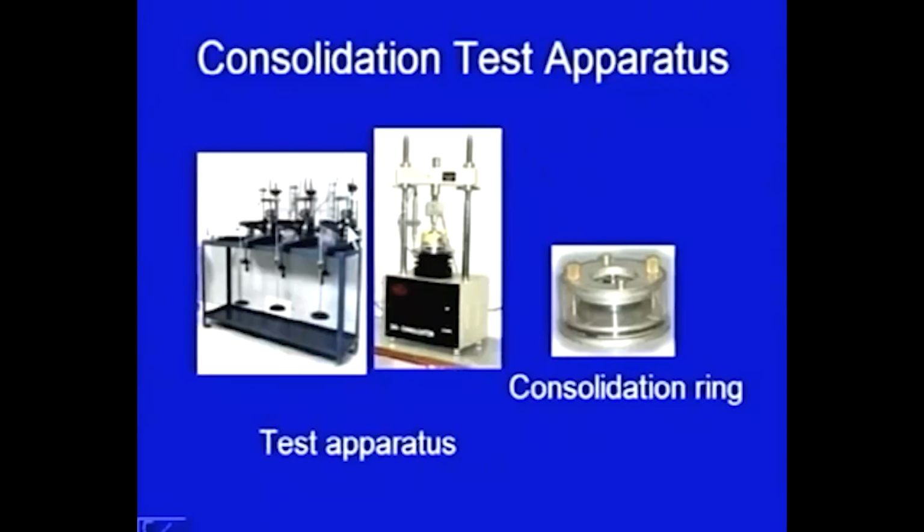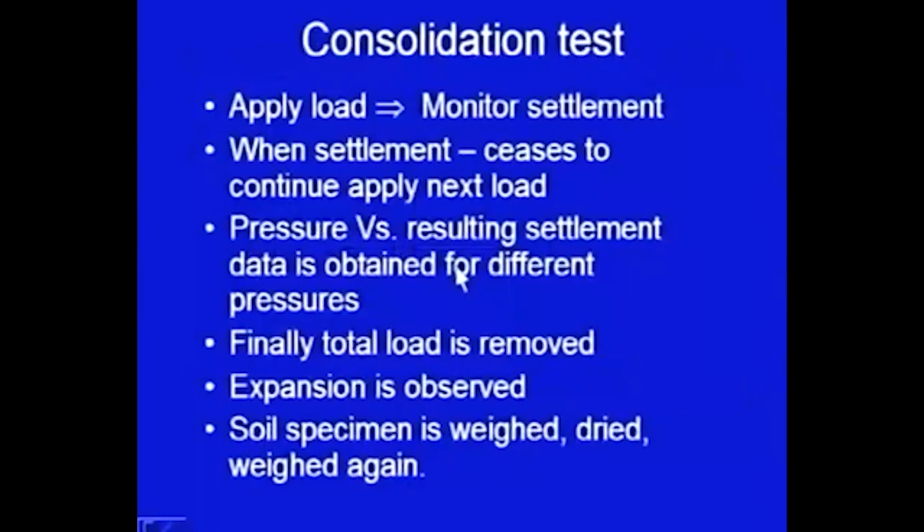The deformations, the settlement of the clay specimen, are monitored through the LVDT or dial gauges. These are the steps after putting the specimen in the apparatus. Apply the load, monitor the settlement.